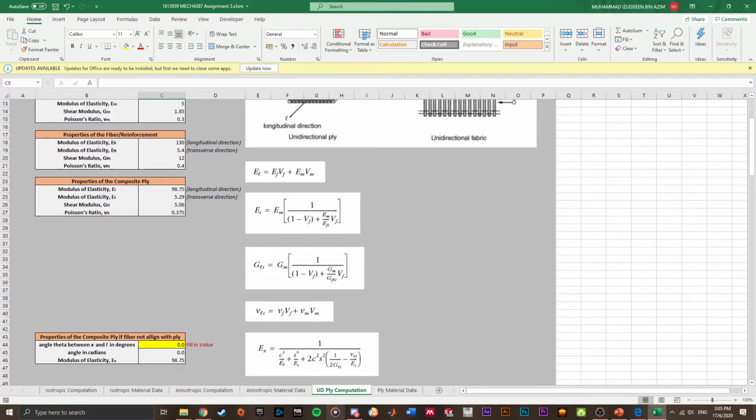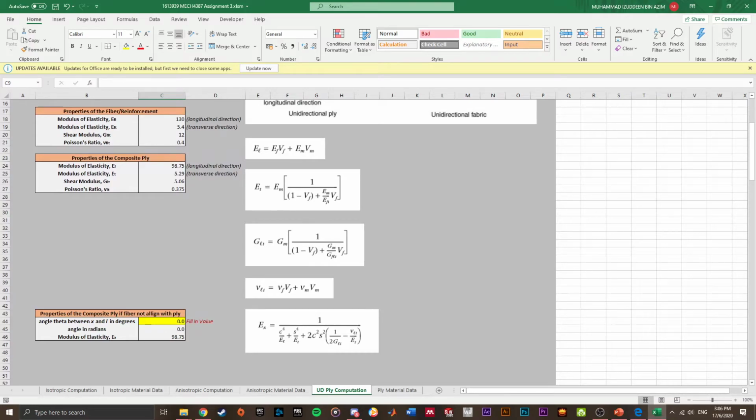What is the factor affected? Okay, factor affected, I would say this one, the angle of the fiber and matrix, it has effect on the modulus of elasticity.